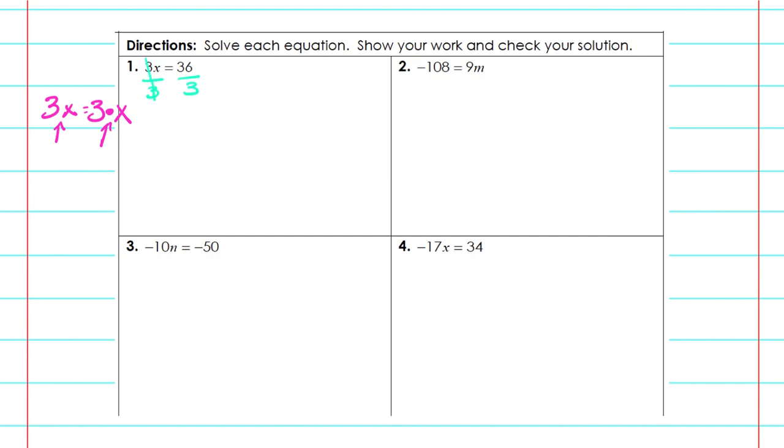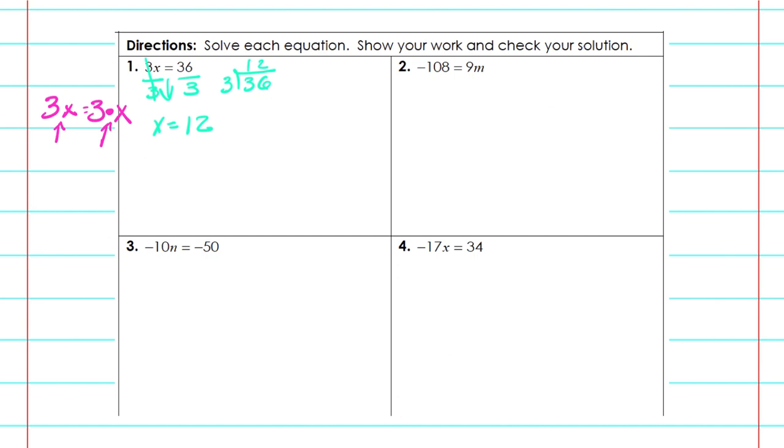And then I have 36 divided by 3. 3 goes into 3 once. 3 goes into 6 twice is 12. So 36 divided by 3 is 12. And I bring the rest of the information down. X equals 12.